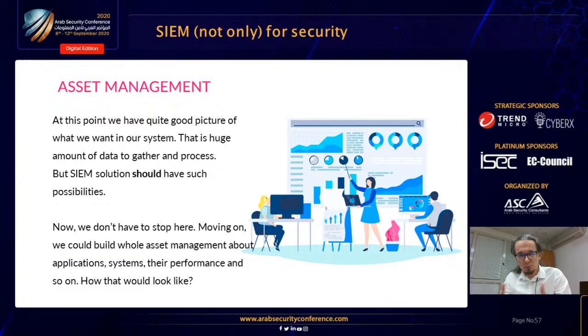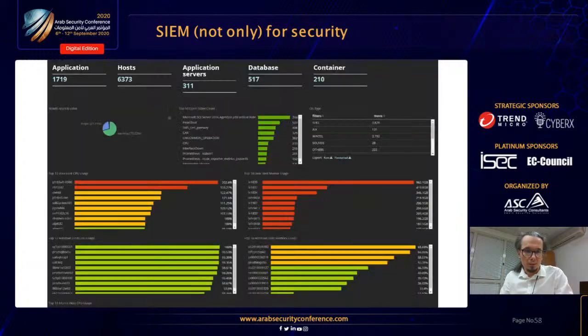Now we don't have to stop here when we have the warehousing. We can go even further with the SIEM, and we can look at the asset management. This is how it would look, for example. So here we are grouping all applications, hosts, application servers, databases and containers within one statistical view.